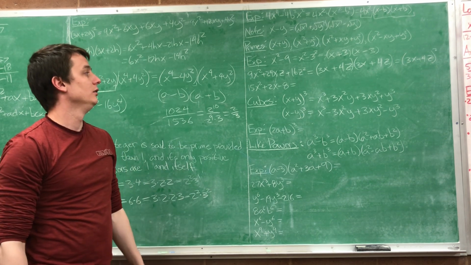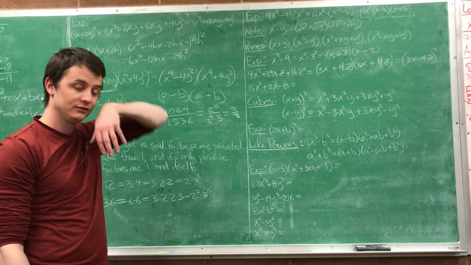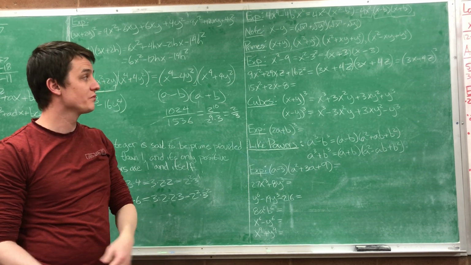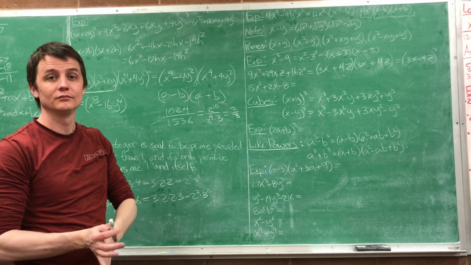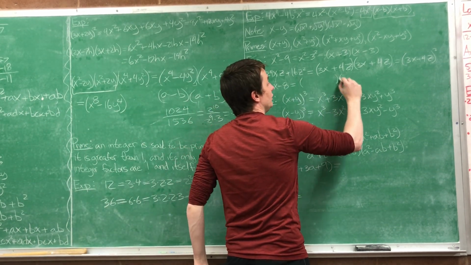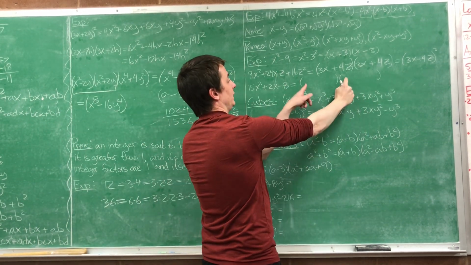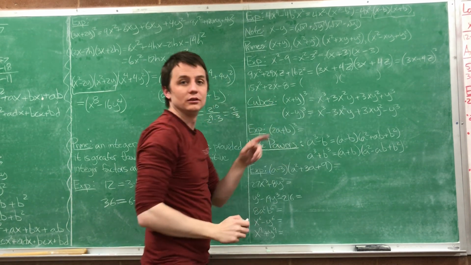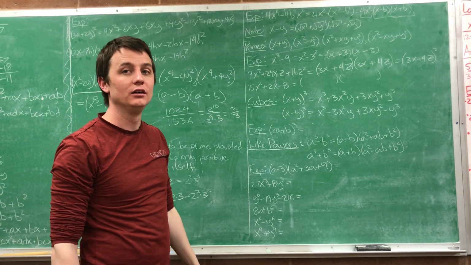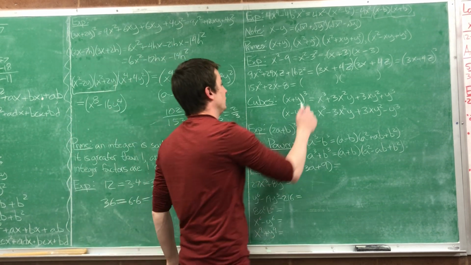Oh, how are we going to factor that thing? Same basic strategy. The numbers multiplied together here have to give me this term. What gives me 15x squared? 3 and 5 do.